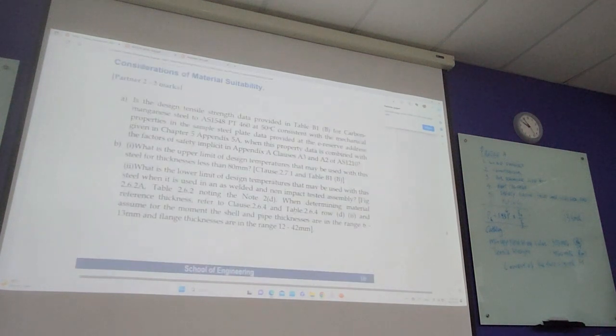Any question related to question 2? You have to get the 133. How did you get 133? The 133, from the table just now.